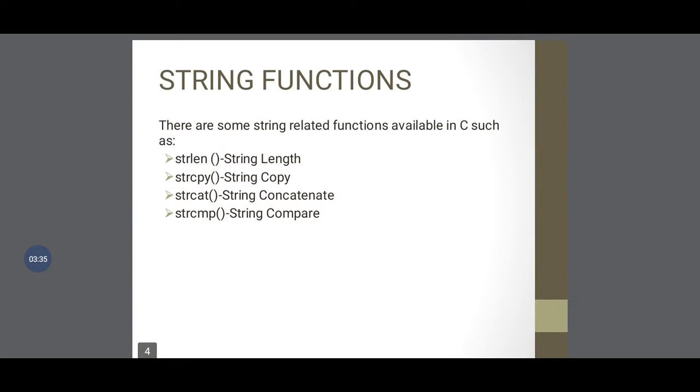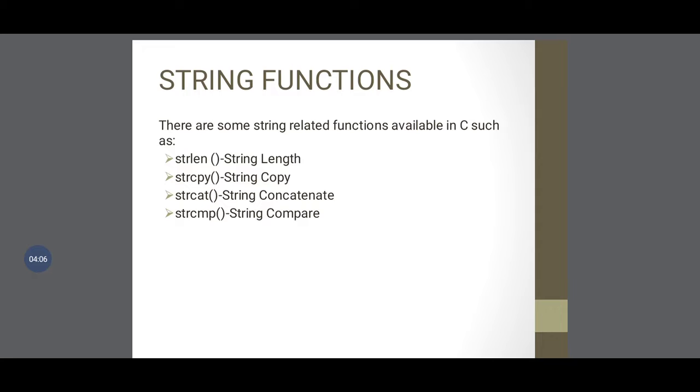Next, a very important and useful part of strings is the string functions. Generally we use 4 string functions in the C language, which are mentioned here. The first string function is string length, specified as strlen. The second is string copy, mentioned as strcpy.